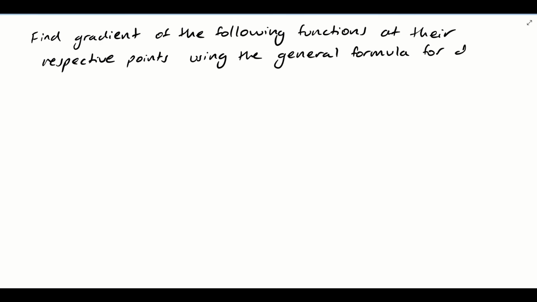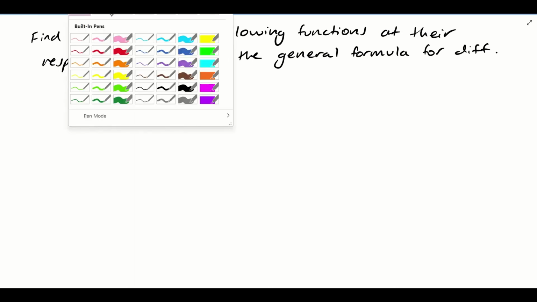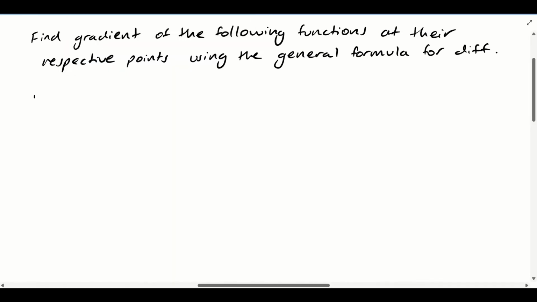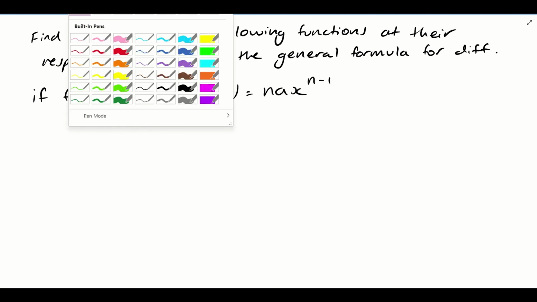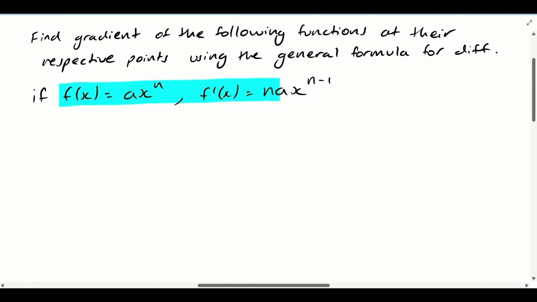Now, remembering that this general formula was, if f of x equals ax to the power of n, then the derivative is going to be n times ax to the power of n minus 1.